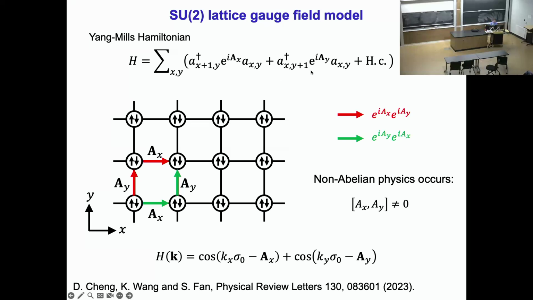Now, the non-abelian physics in this case will occur if A_x and A_y don't commute. One of the interesting points about these non-abelian lattice gauge field models is that you get non-trivial physics even though the system is completely periodic. And this is not something that you can get in a U(1) gauge field. You always have to chirp the gauge potential.